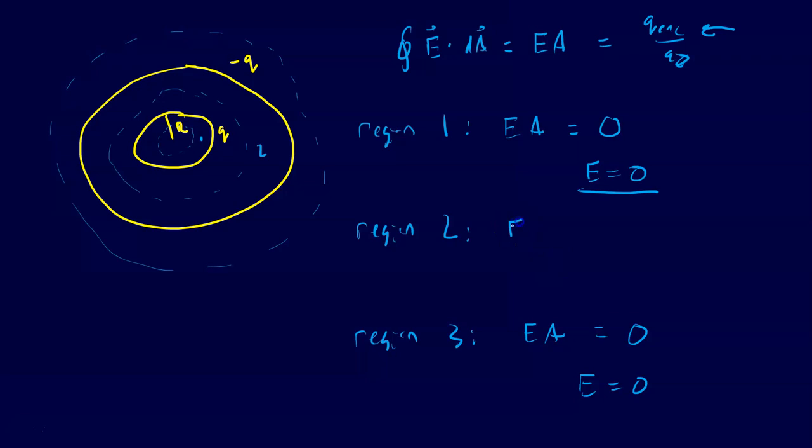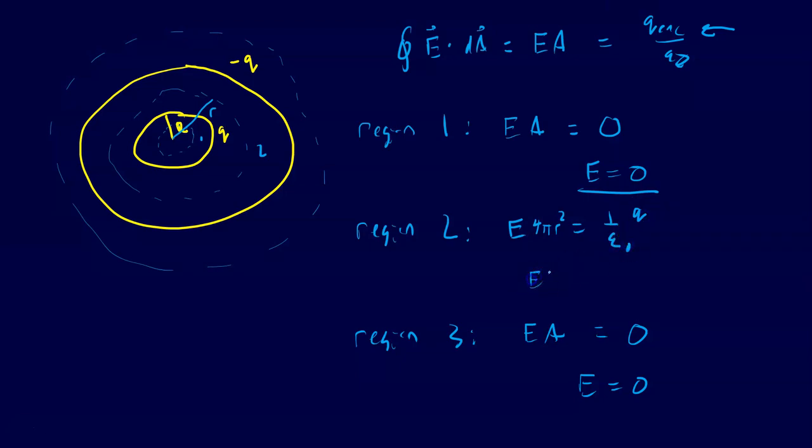And then technically, region 2 is not going to work out that way. So here, at this point, we would write our surface area as 4 pi r squared. So this would be the r distance that we're looking at, and our charge enclosed at that point is just q.